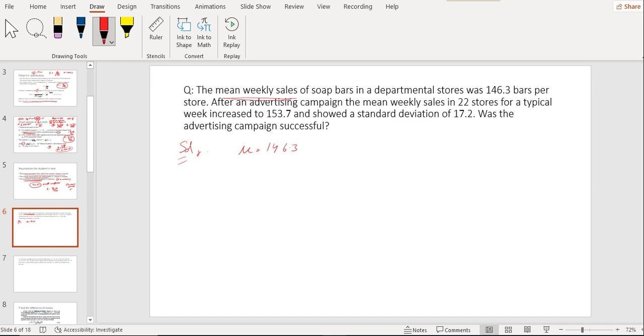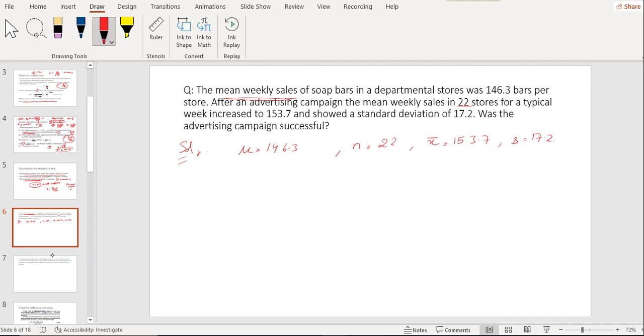Then they conducted an advertising campaign, and after the campaign they took a random sample of 22 stores. So the sample size is 22, and they find that the weekly sale, that is the sample mean, is 153.7 with a sample standard deviation of 17.2.